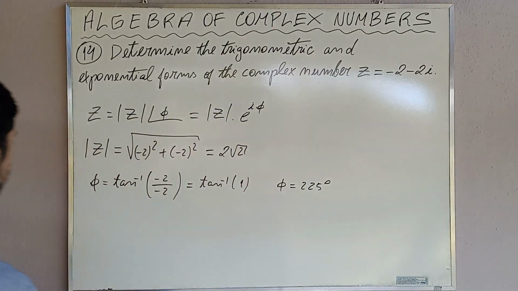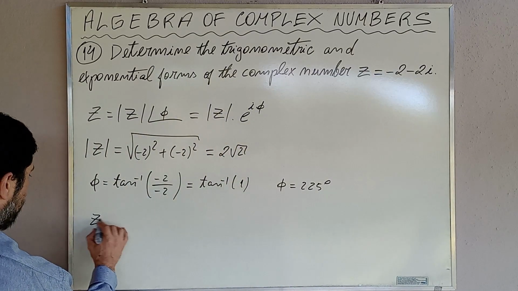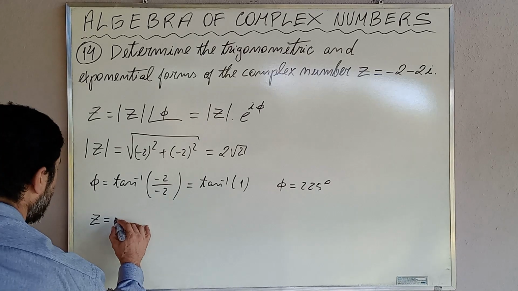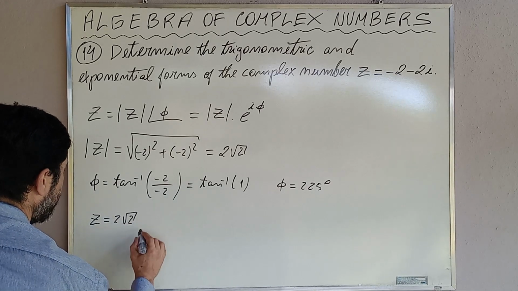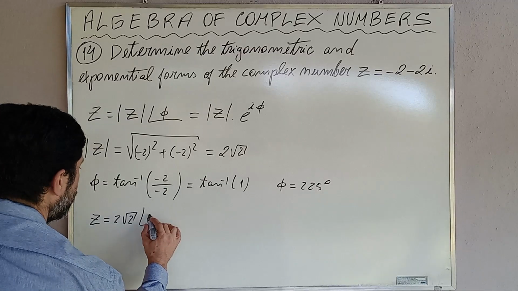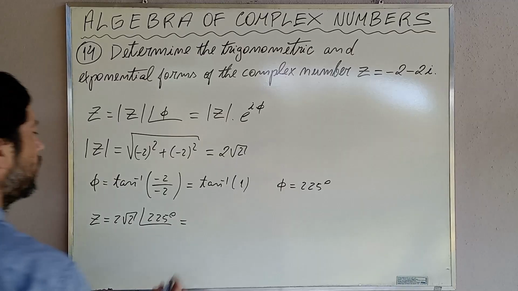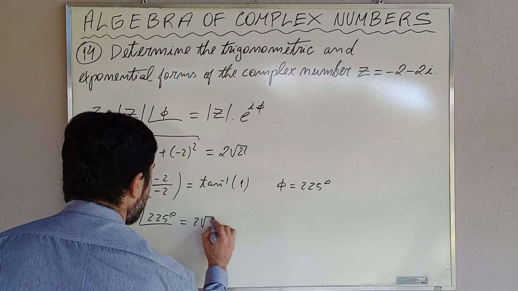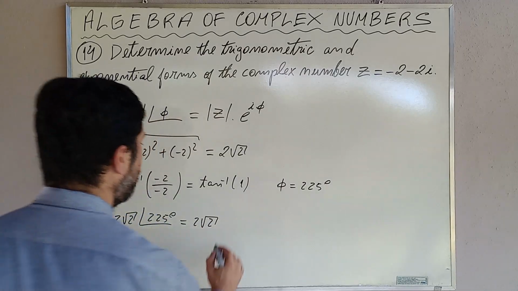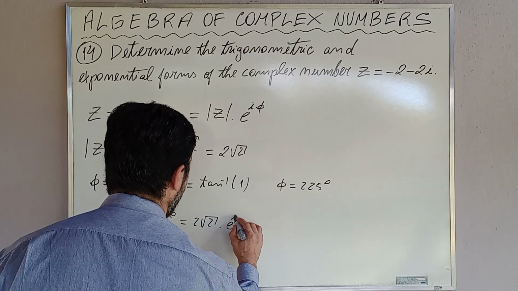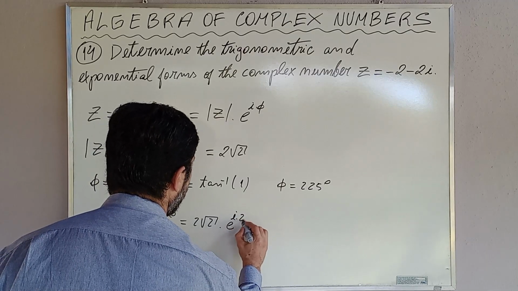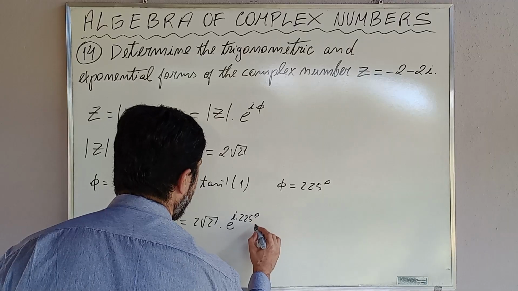In this way, the polar form of the complex number is the magnitude 2 square root of 2 at 225 degrees. And the exponential form, the magnitude 2 times the square root of 2 times e raised to the power of i times 225 degrees.